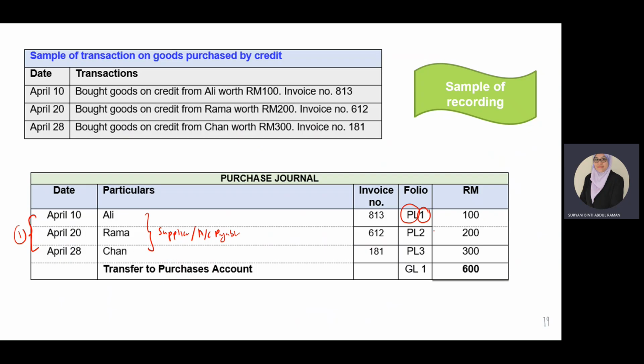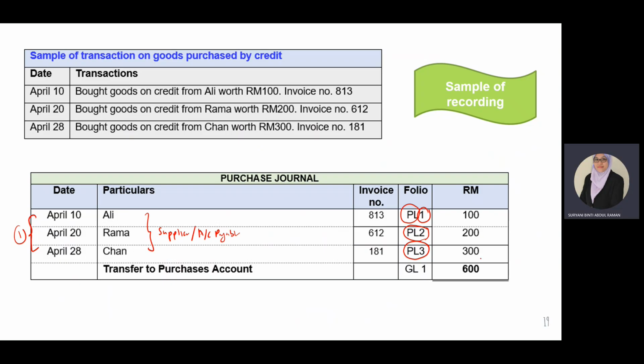You follow the same for April 20, goods bought from Rama. You fill up all this information, followed by Chan. Remember, please put the reference accordingly. Since you have PL1, Rama should be recorded in the next code of reference, that is PL2, and Chan is PL3.